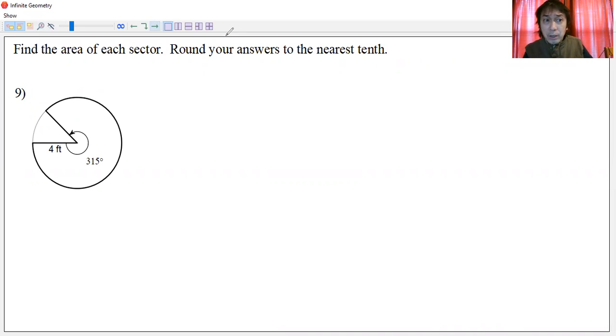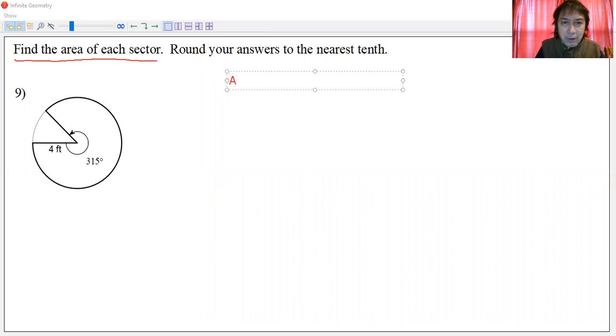This time we're asked to get the sector, okay? Find the area of the sector. Round your answers to the nearest tenth. Now, the area of sector is given, okay? The area of the sector is given by 1/2 r squared times the central angle, okay?